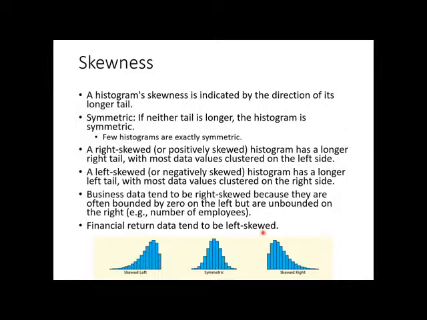So financial returns are always left skewed. That is a very important property of finance. If you have a chance to study with me for risk management, then you can find the meaning of this sentence. It is a very important property of financial returns.